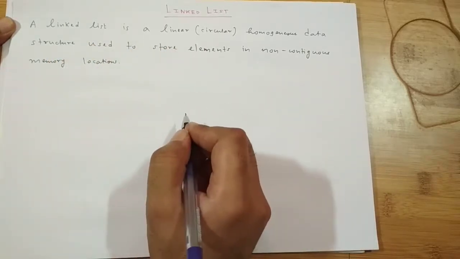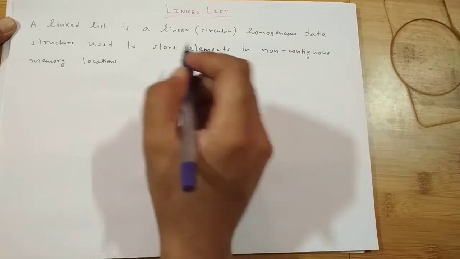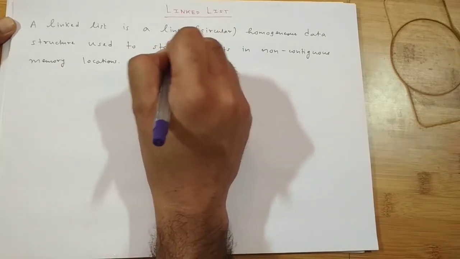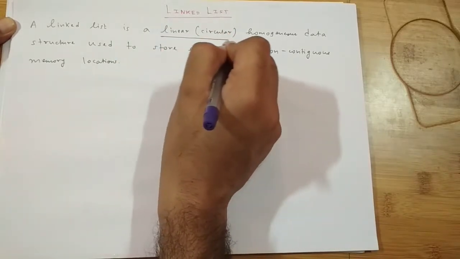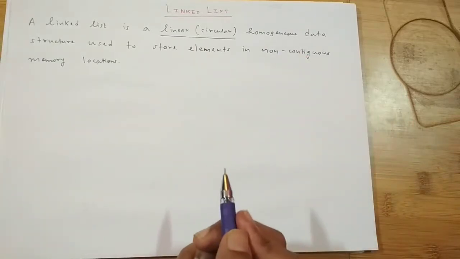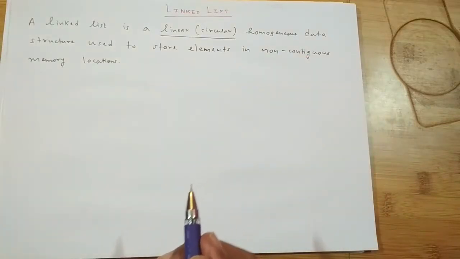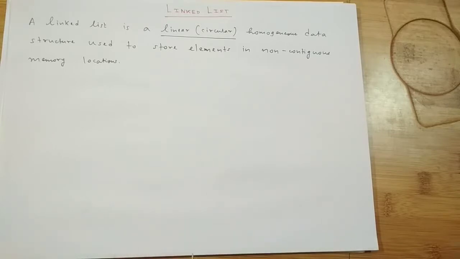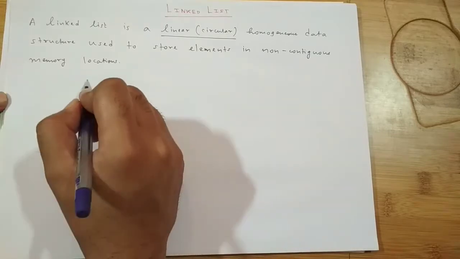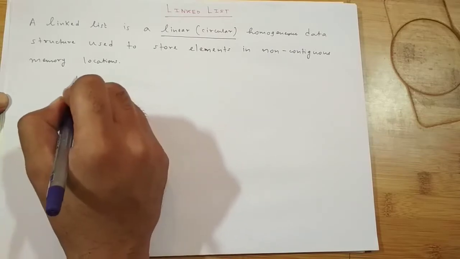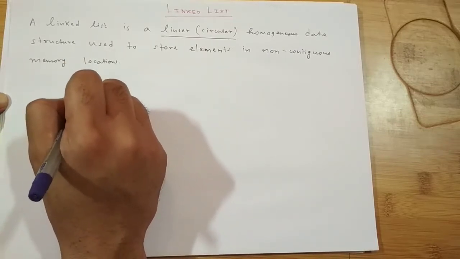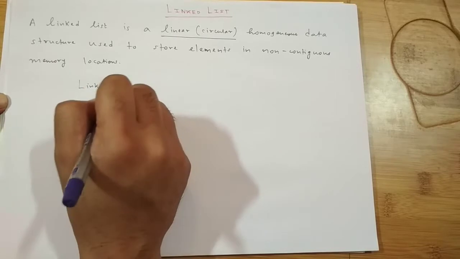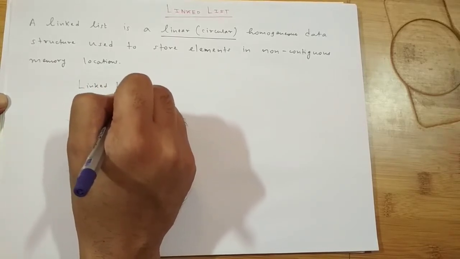Okay, so there are a number of terms I've used here. The first one is, it is a linear or circular list. Now, why do I use this word linear? The reason is, we can have linked lists of two types.